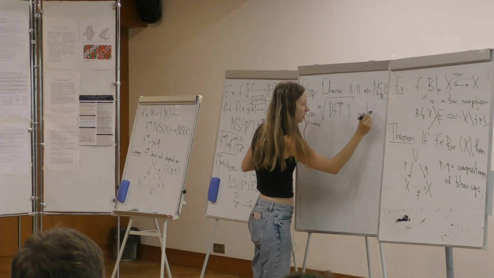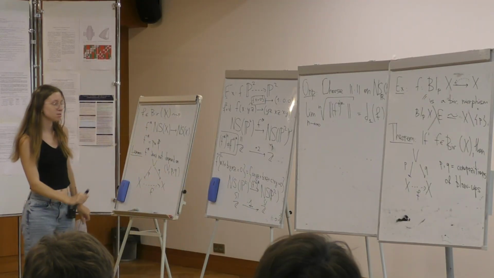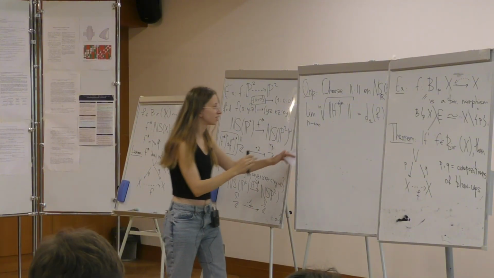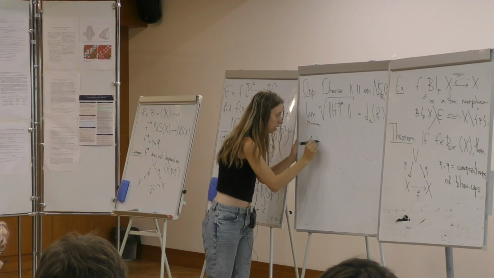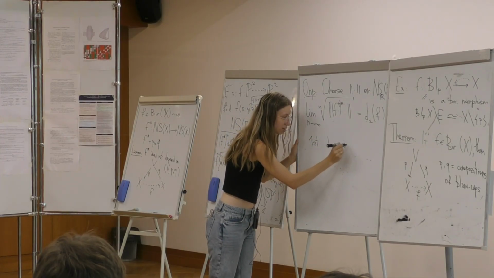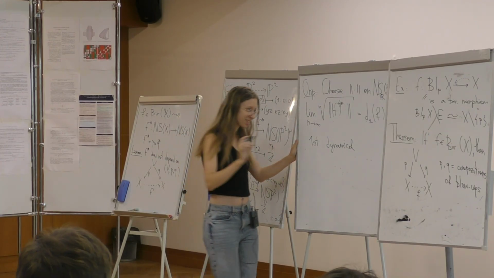So this is what yesterday was called d1 of f. Sometimes it is denoted lambda 1 of f, but it's all the same. It is the first dynamical degree. You didn't explain why the limit exists. It is an exercise.